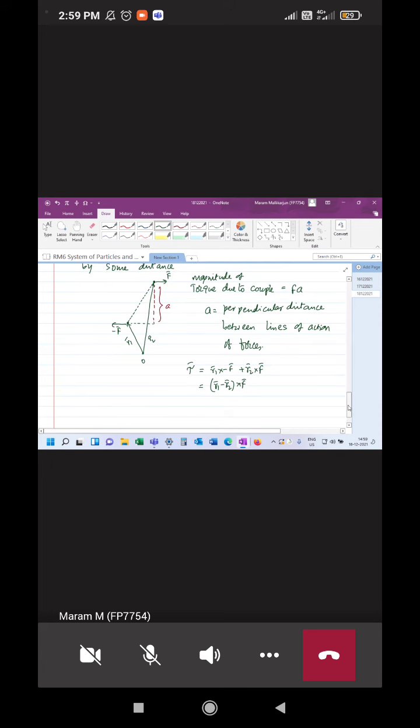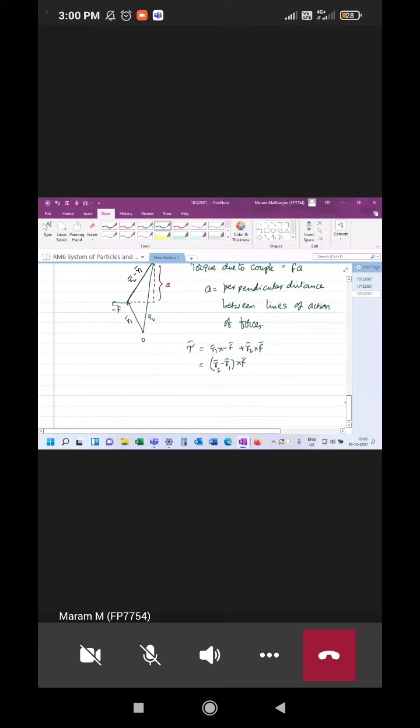Now what is R1 minus R2? It is the vector from here to here. Sorry, I have to write it as R2 bar minus R1 bar cross F bar.